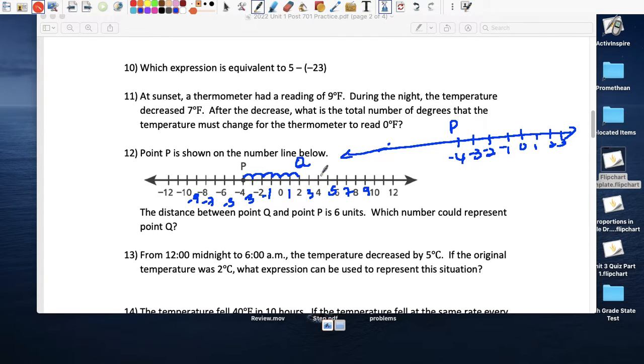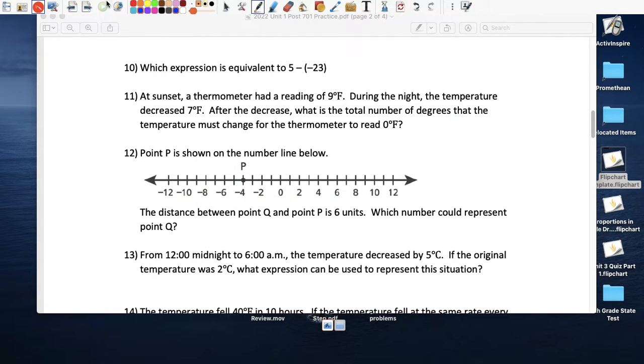Q could be positive 2. That's a possibility. And if we go left, 1, 2, 3, 4, 5, 6. Q can also be negative 10. So there are 2 possibilities for Q, negative 10 and 2.